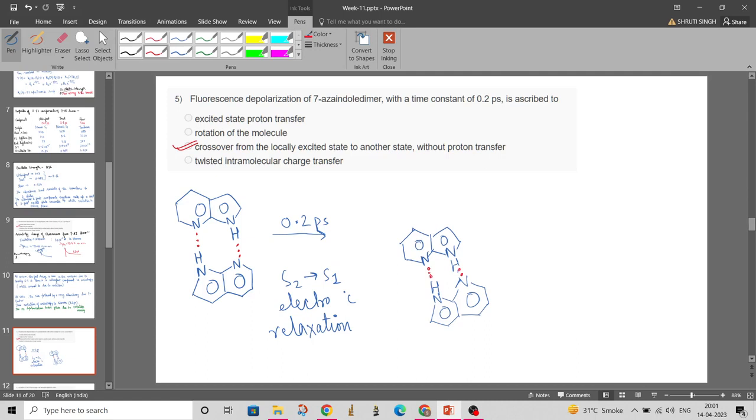Okay. And in the next step, the proton transfer happens, which is the 1.1 picosecond component. And the proton transfer is concerted, not stepwise.